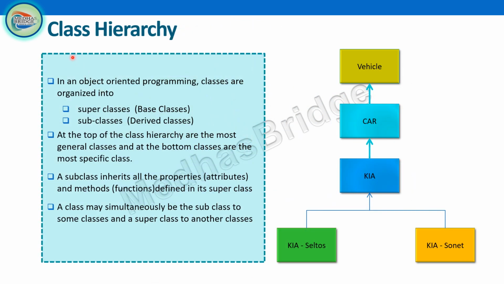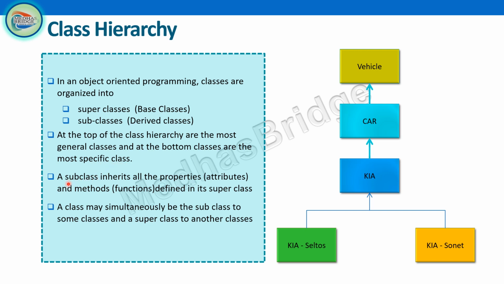Let's look at the concept of class hierarchy. In object-oriented programming, classes are organized into superclasses and subclasses. Superclass means base class, subclass means derived class. At the top of the class hierarchy are the most general classes, and at the bottom are the most specific classes.